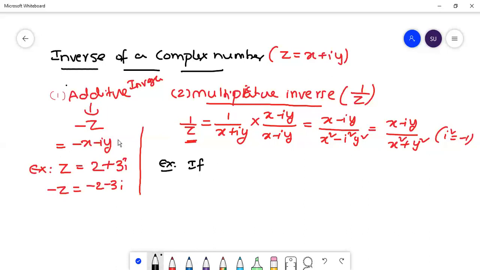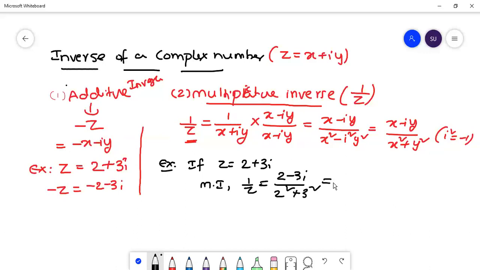We'll see one example now. If same example you take, z is equal to 2 plus 3i, then what is multiplicative inverse, 1 by z? I told you directly you can write, for x plus iy it is x minus iy by x square plus y square. In the same way, that is 2 minus 3i by 2 square plus 3 square.